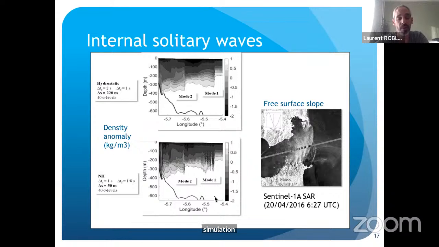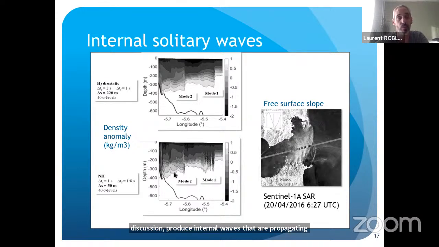However, only in the non-hydrostatic simulation can you see a wave train propagating. In the hydrostatic case, the lack of non-hydrostatic dispersion produces internal waves that propagate as an internal bore.